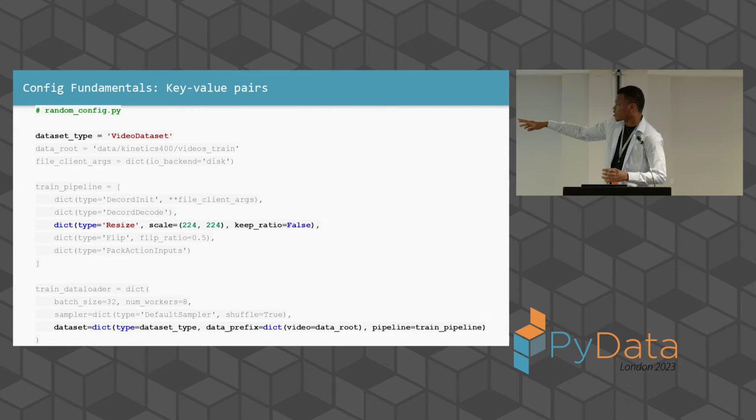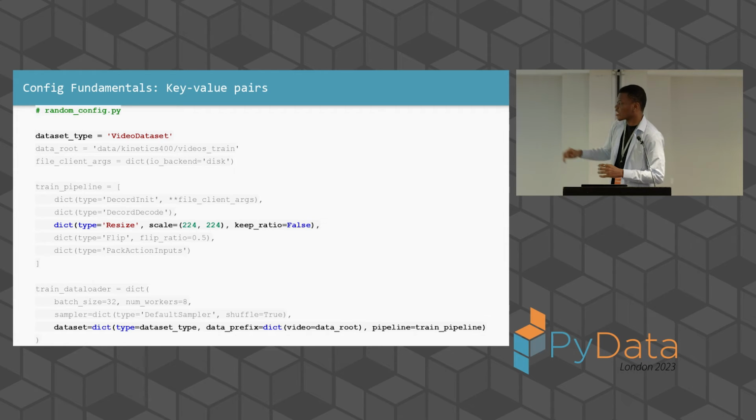Then you have your train pipeline, where I'm pointing across to the resize, which is just one part of the pipeline, which is resizing the video after you read it in. Then you have your train data loader as well. In that case, it's making use of the datasets, and that's the variable that determines how you load your videos in.